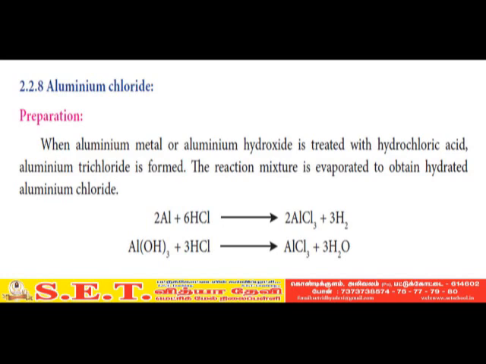It gives aluminum chloride and water. These are the two methods of preparation. Aluminum metal with hydrochloric acid is one method. Another method is aluminum hydroxide with hydrochloric acid to give aluminum chloride. This is the ordinary method of preparation of aluminum chloride.